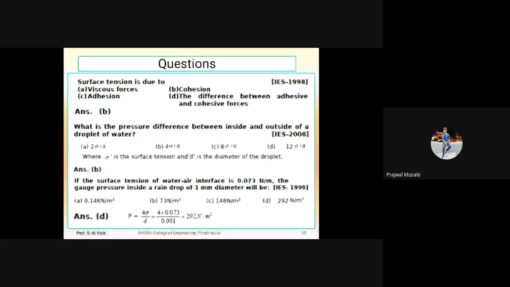And the value of D is mentioned in terms of mm. The sigma value is in terms of Newton per meter, so you have to convert that mm into meter. 1 mm is 0.001 meter. So your answer will be 292 Newton per meter square.